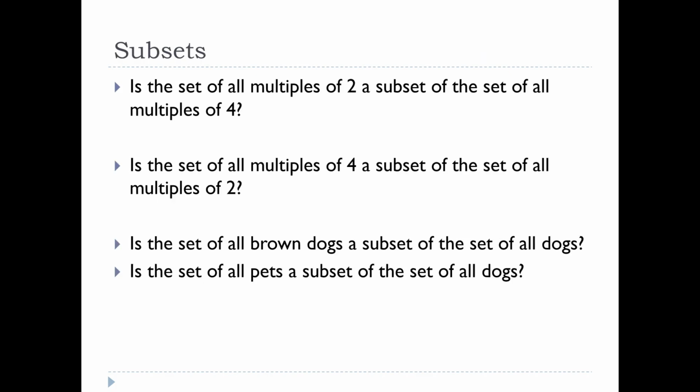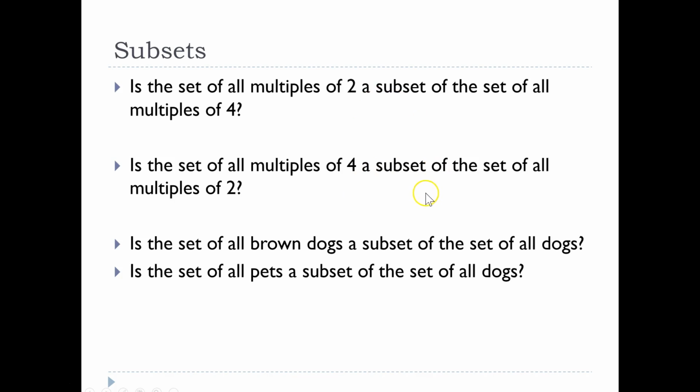Now, for this one, I want you to think about this for a bit and really pause the video and think it over. One strategy I have for you: S is the set of multiples of 2, a subset of the set of multiples of 4? I want you to list the multiples of 2 and list the multiples of 4, because then it asks the question the other way around. I want you to see one of these is true and the other is not.